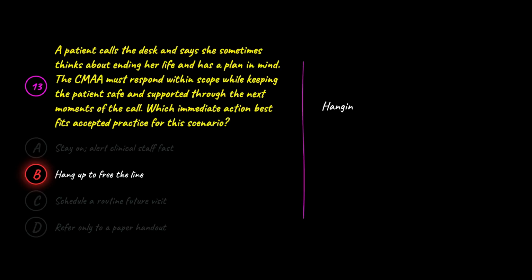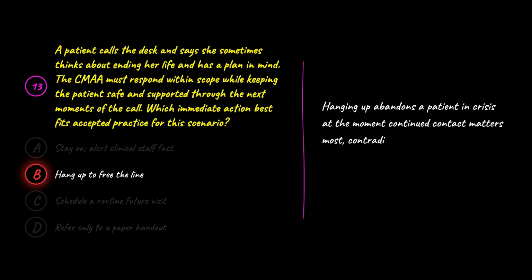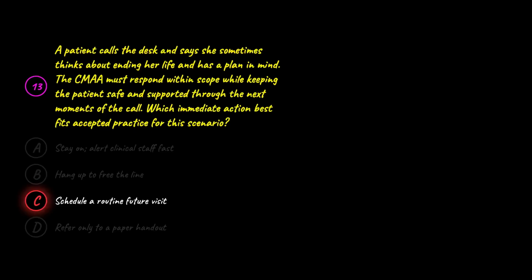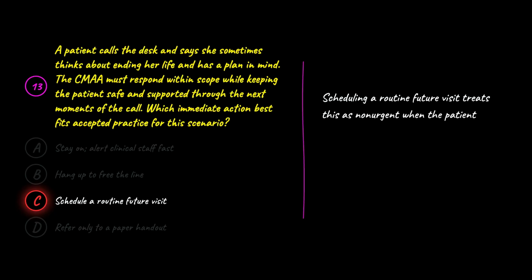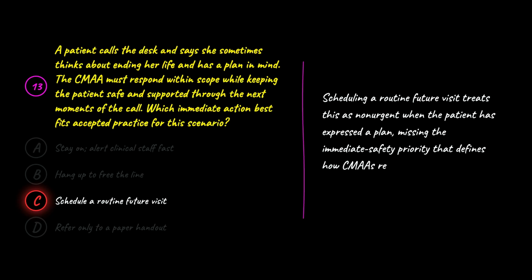B is wrong because hanging up abandons a patient in crisis at the moment continued contact matters most, contradicting the staying-with-them principle taught for this kind of disclosure scenario. C is wrong because scheduling a routine future visit treats this as non-urgent when the patient has expressed a plan, missing the immediate safety priority that defines how CMAAs respond to a suicidal disclosure on the phone.